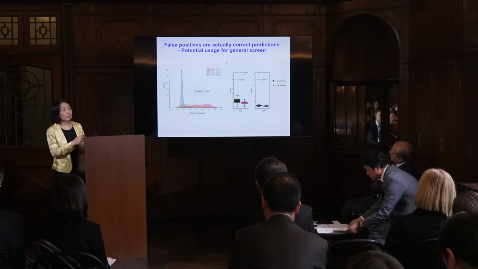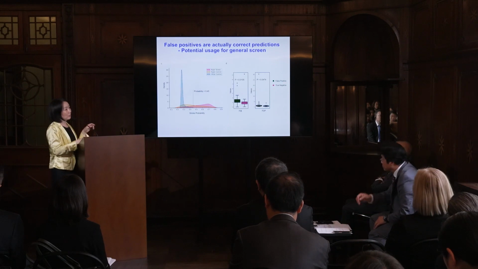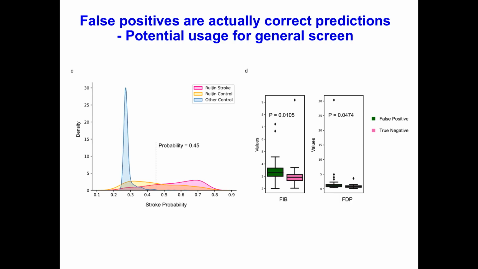Another interesting observation we had was in this region cohort, the control cohort, who are the 200 patients who also visited the ER, but for other diseases, diagnosed not to be stroke. We found the prediction score is very different from the general population, where the general population is the blue, whereas the region control cohort is the yellow.